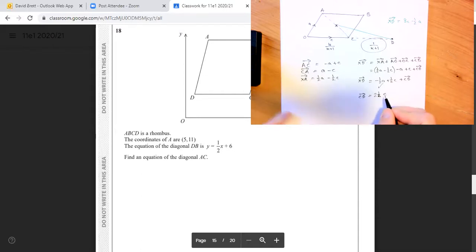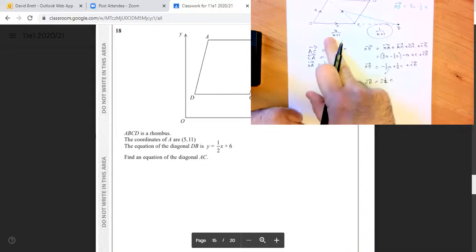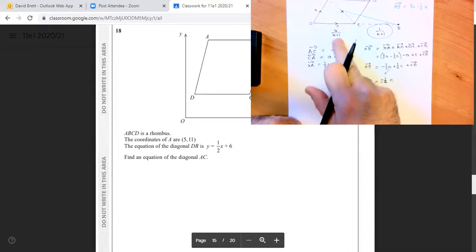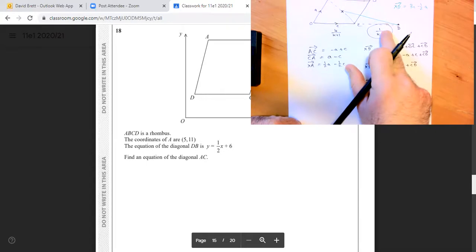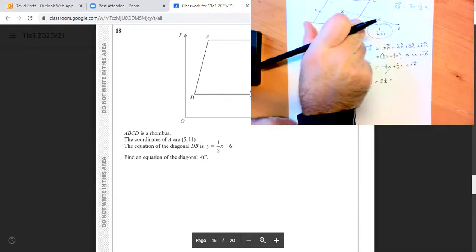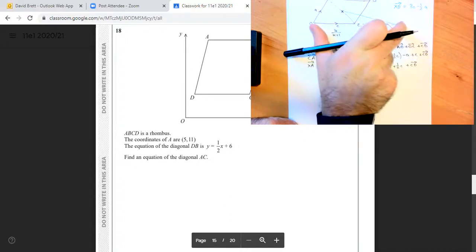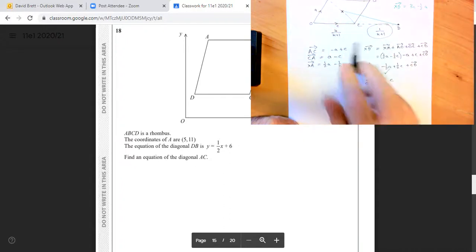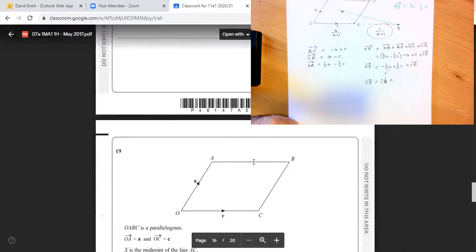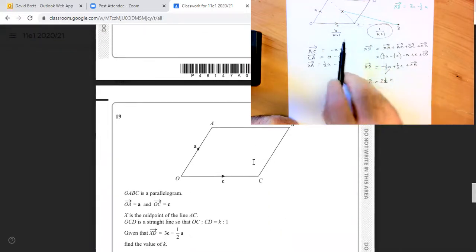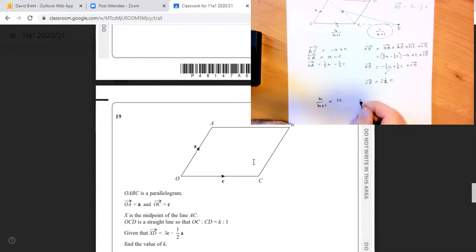2.5 C. Okay, but we know that O to C is K out of K plus 1, the whole length. If this length is K, this length 1, the whole length is K plus 1, it tells us the ratio. So K over K plus 1 equals 1C, and 1 over K plus 1 equals 2.5C.